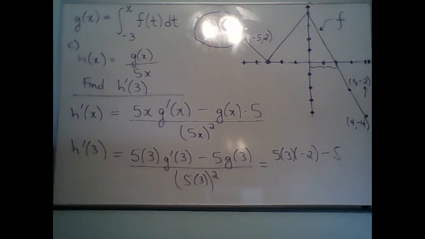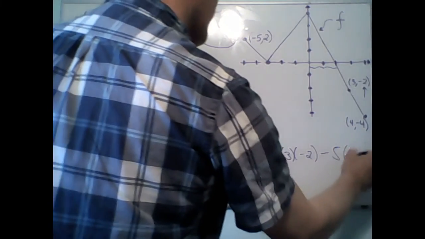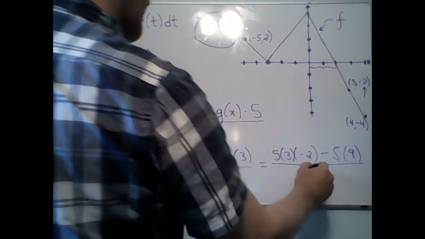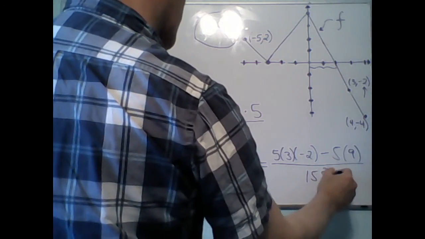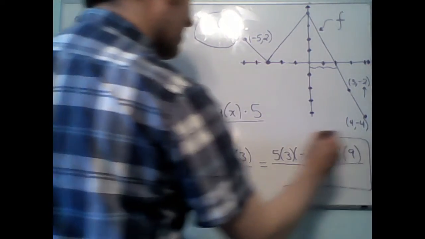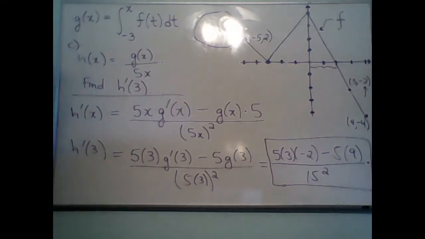Well, we just calculated that conveniently in part A, and it was 9. Now I remember, 9. So minus 5 times 9 all over 15 squared. And this time, I'm not even going to bother simplifying. I know the AP exam will accept this answer, and I'll stop right there.